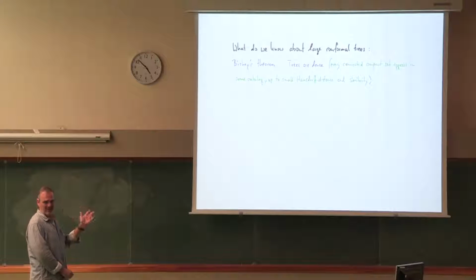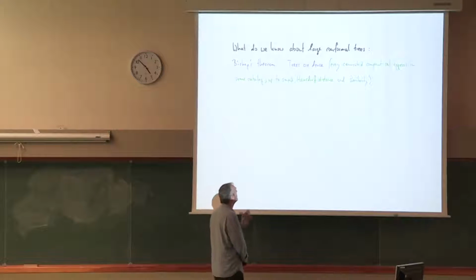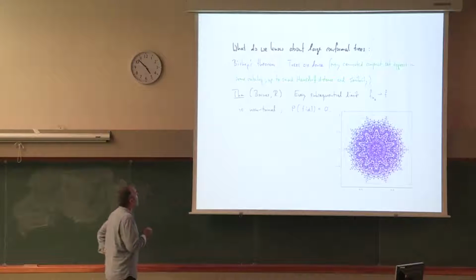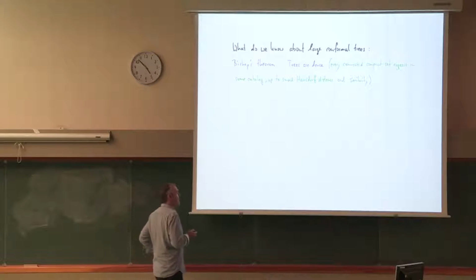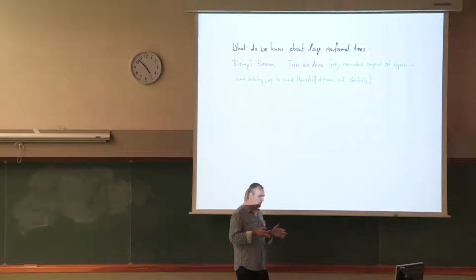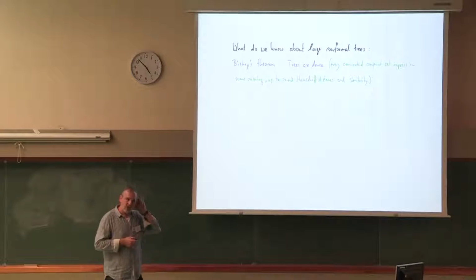well, what do we know? In the limit, because it's hard to compute the small ones, what do we know about the infinite ones? One is this nice paper by Chris Bishop with the title Trees Are Dense, where he proves that every compact subset in the plane, with obvious caveats, can be approximated by such trees. But of course, you have to work very hard.